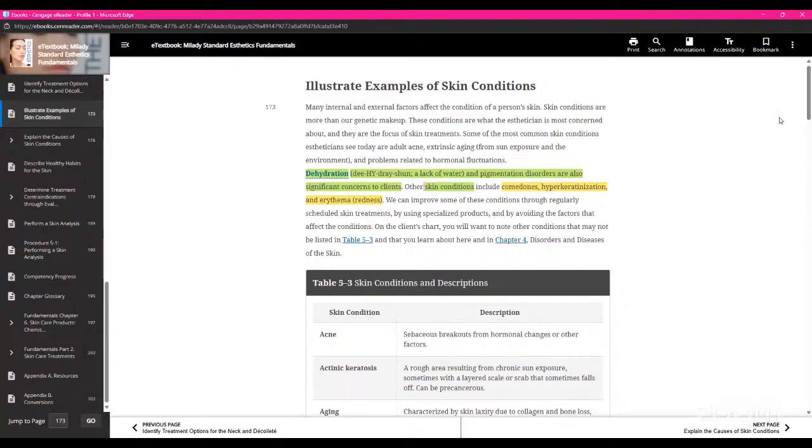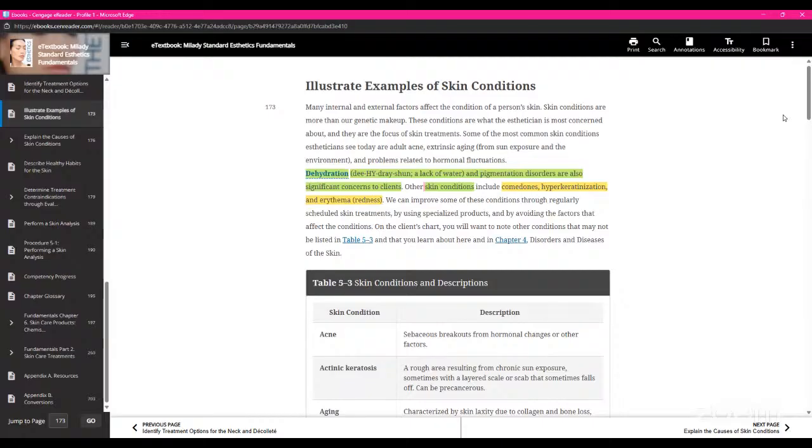I'm going to email the study guide to you. Take this weekend to study Friday, Saturday, and Sunday, and we'll review the study guide on Monday, and we'll have the exam on Wednesday. I'm super excited about seeing the assessment for skin analysis.